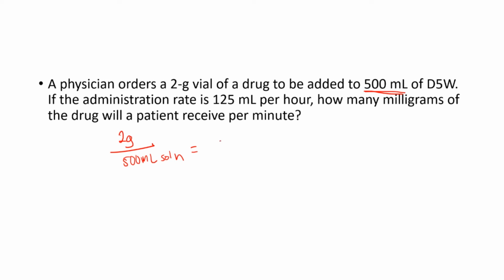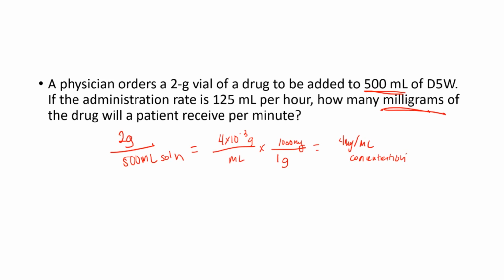That is 4 times 10 raised to the negative 3 grams over ml. To make it more convenient, I will make it into milligrams since yun din naman ang kailangan sa dulo. 1 gram is 1,000 milligrams. So that is 4 milligrams per ml. So that is the effective concentration.